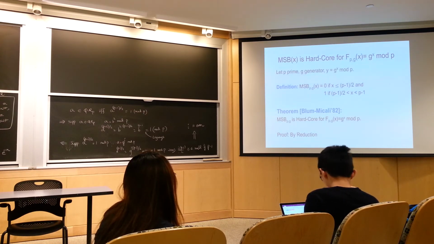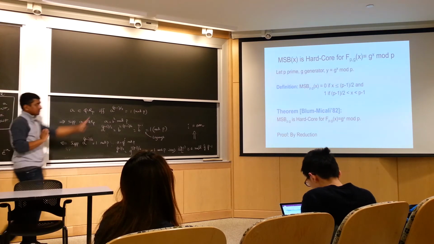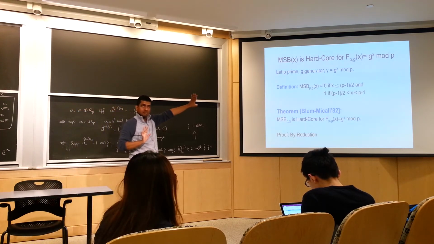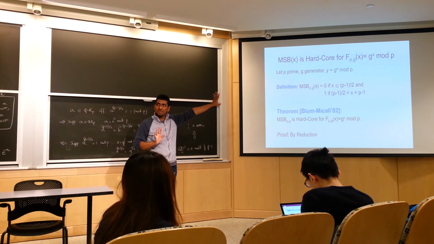It's not actually the most significant bit. It's the bit that decides whether x, the discrete log, falls in the first half or the second half. It's clear why we are doing this? With me?